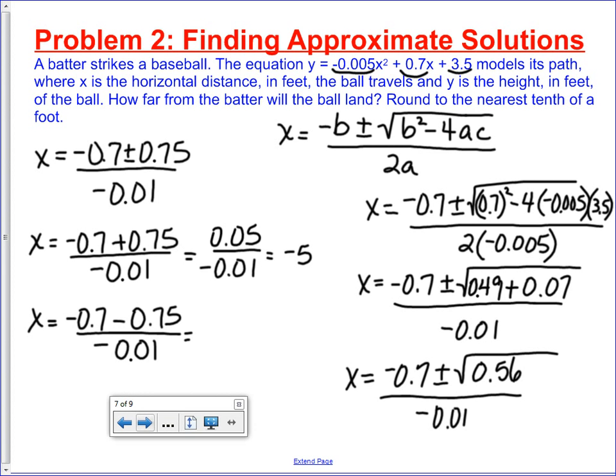And in my other expression, negative 7/10 minus 75/100, I would get a negative, whoops, should be negative 1.45, negative 1 45/100, divided by a negative 100, which is going to be 145. Now, the question is, let's take a look at our answers.